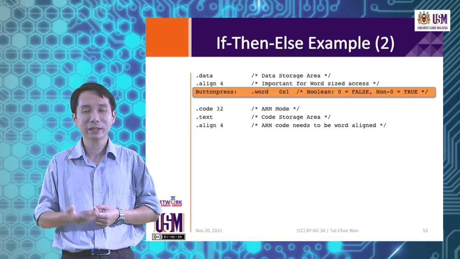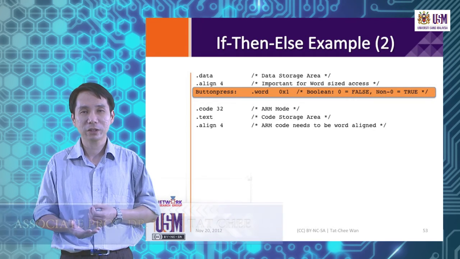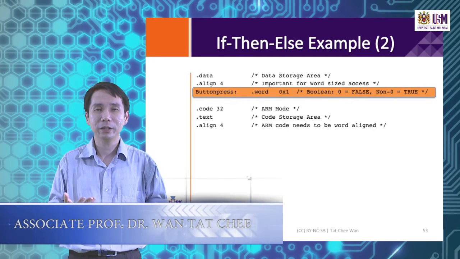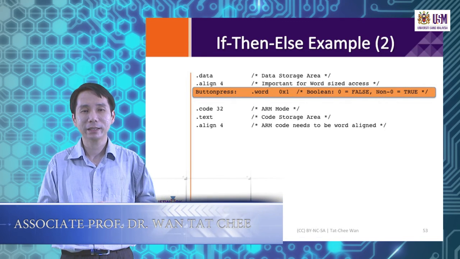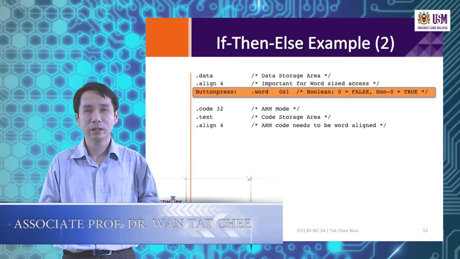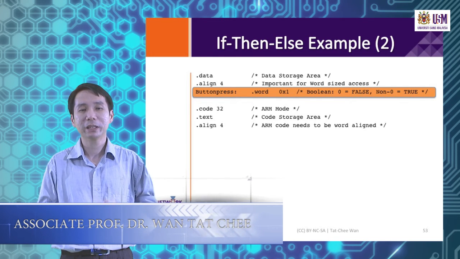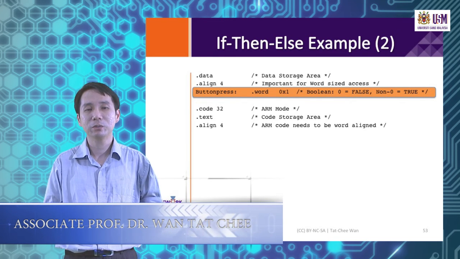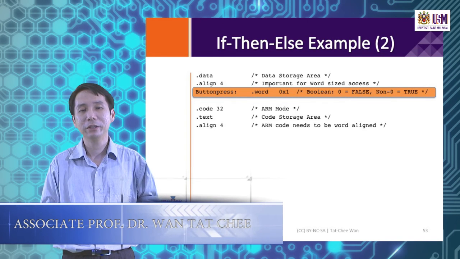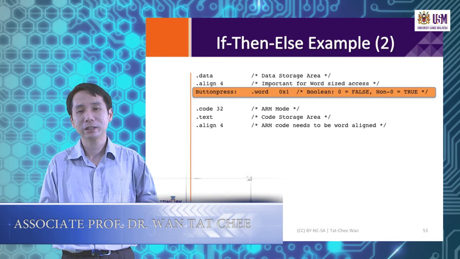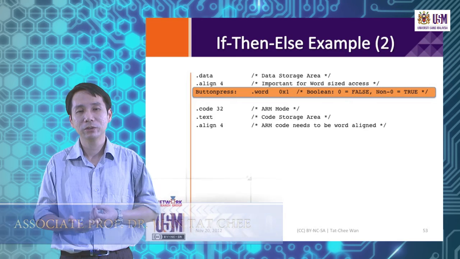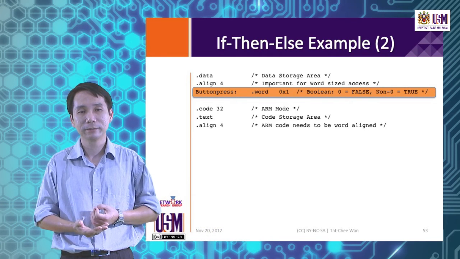It's important for word size access because the microprocessor or microcontroller will have a page fault if we try to access a non-word aligned memory location. Then we define the variable button press, which is defined as a word, or 32-bit value, having a constant initialized value of 0, 1.